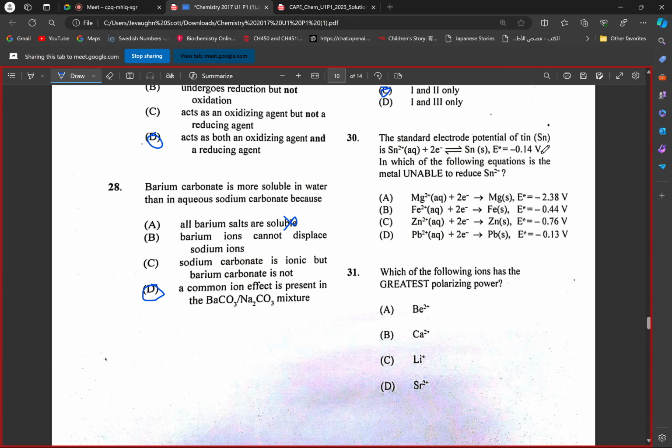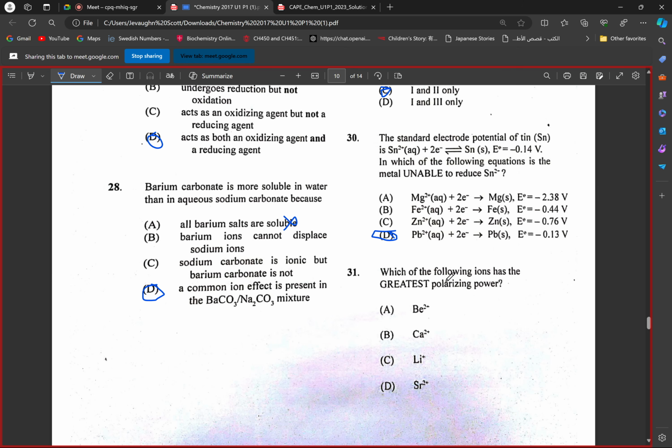What are we looking for? A more negative or a more positive value? Which one? We're looking for, sir, a smaller value. A smaller value. Lovely, that's the answer.